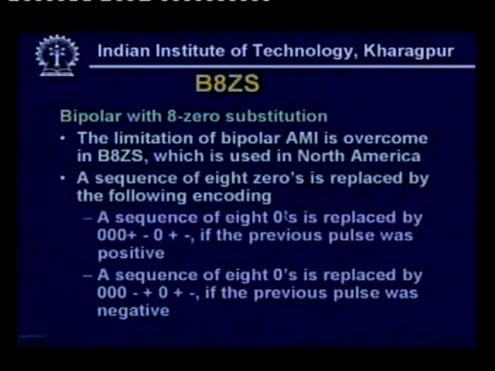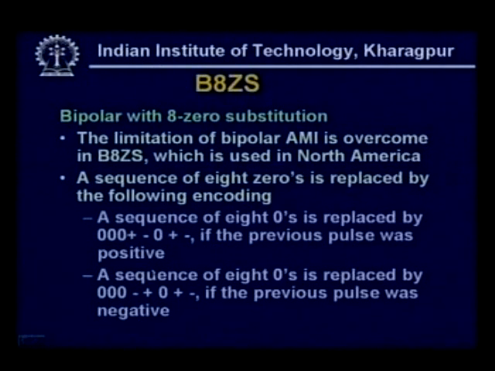What is done in this particular case, whenever you have a sequence of 8 zeros, it is replaced by the following encoding. It is replaced by 0 0 0 plus minus 0 minus plus if the previous pulse was positive.